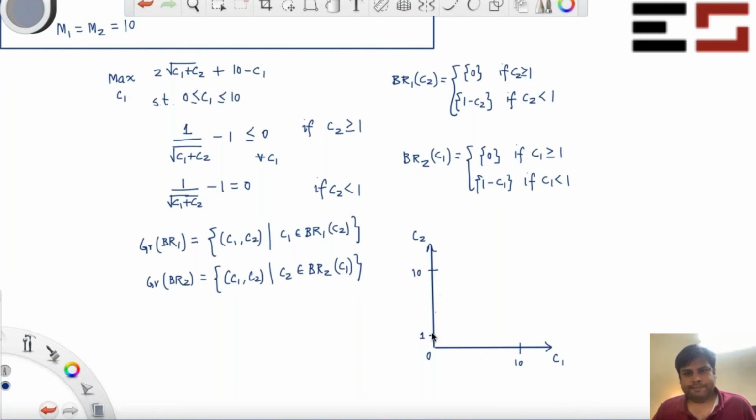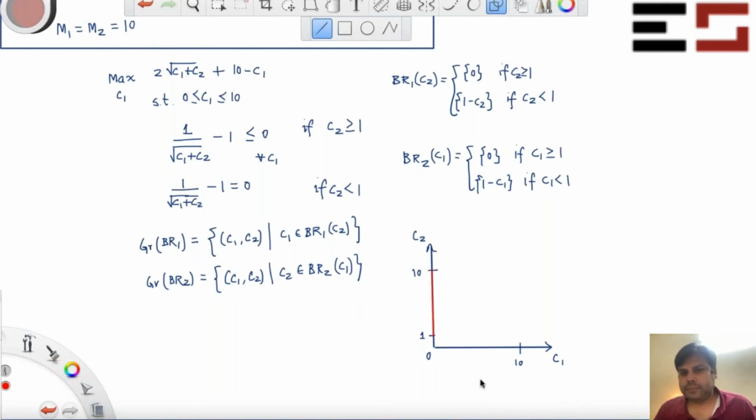If C2 is greater than or equal to 1, the best response of player 1 is to choose 0 units of C1. So if C2 is greater than or equal to 1, C1 is 0.